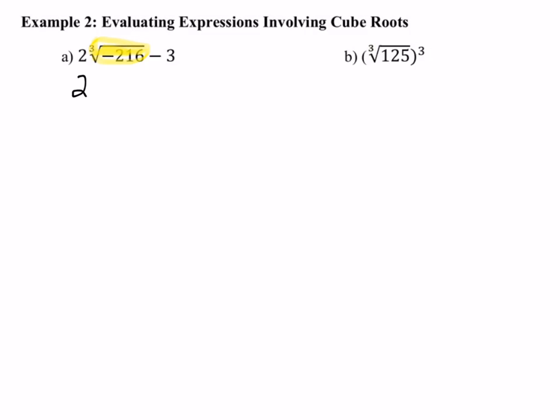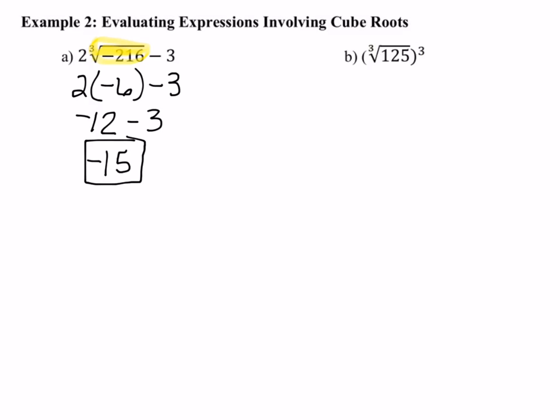So this would be 2, and we have a negative there, so negative 6 minus 3. So you replace it with its value and make sure that you're multiplying, just like we did with our square roots. So 2 times negative 6 is a negative 12 minus 3. The signs are the same, so you just add them and keep the sign.